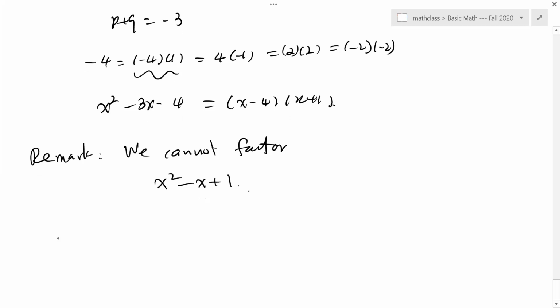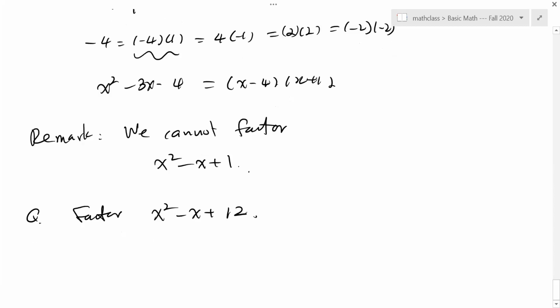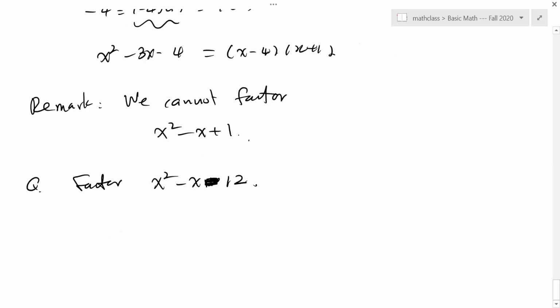Okay, let's try another one. X squared minus x plus 12. I'll put a negative sign here, because if I change the sign, you cannot factor. So x squared minus x minus 12. Try this.